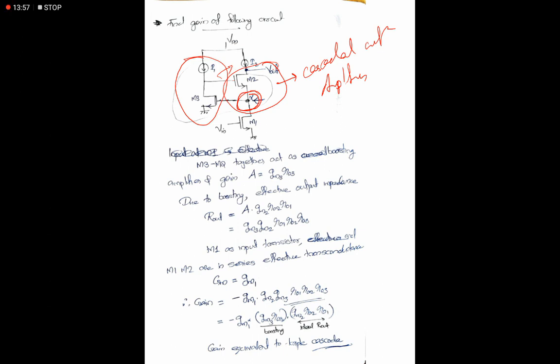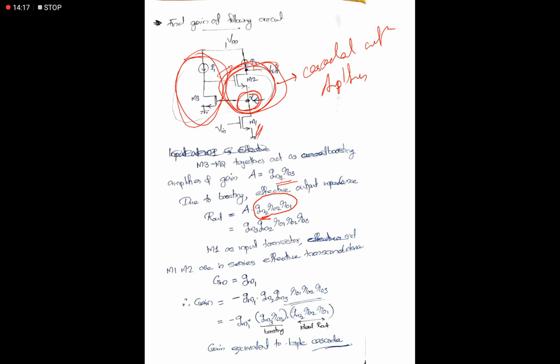Okay, so which will improve the output resistance. The gain of this one is GM3 R03, and the normal output resistance here, due to M1 cascading, is only GM2 R02 R01.